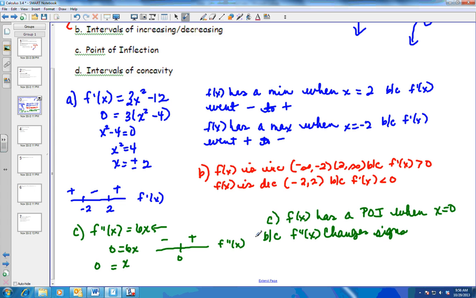So that's part C. Part D says, write your intervals of concavity. So again, intervals of concavity, concave up and down, we find by using the second derivative.